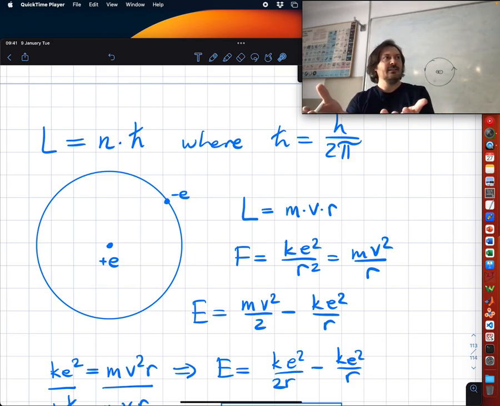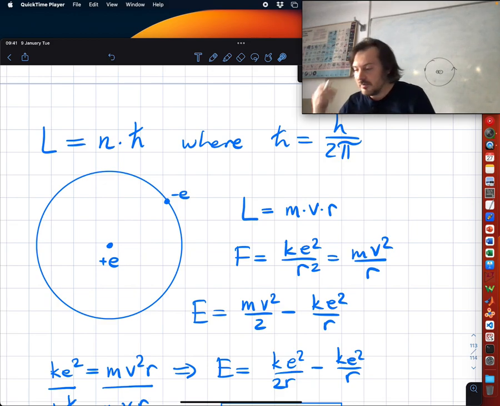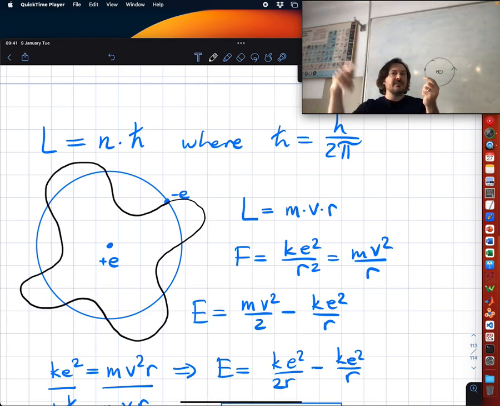Then why can't the electron also be a wave? That's crazy, but it takes 15 years to come up with that and say that matter is also a wave. So if you do that, you just put a wave here, and that wave has to come back to itself. And that's the de Broglie condition.